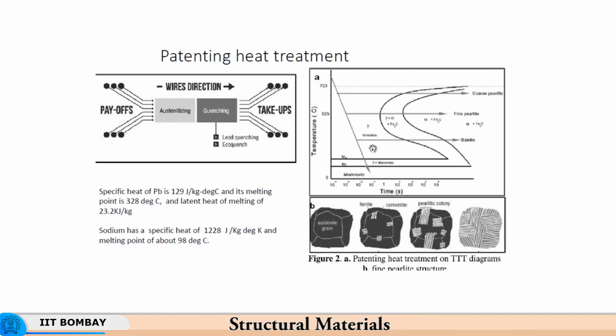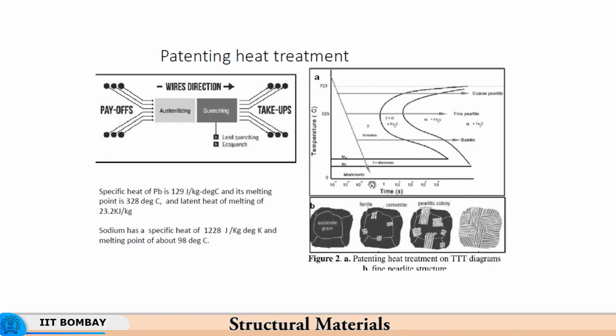So what happens is that at 328 degrees centigrade, when you quench it in lead, the cooling rate is less. The strength comes from transformation to what is called bainite.